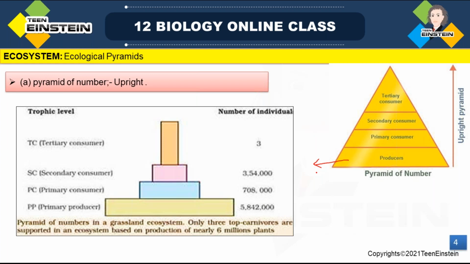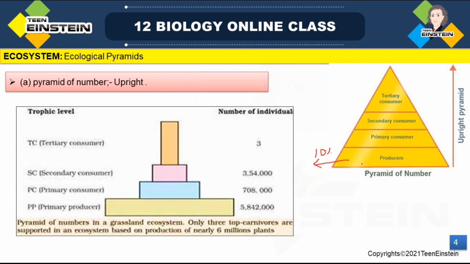Then we have already learned that when energy or food is transferred from one trophic level to another, only 10% of the food present in one trophic level becomes part of the next trophic level. Only 10% is getting conserved. That's what we learned in the last class.